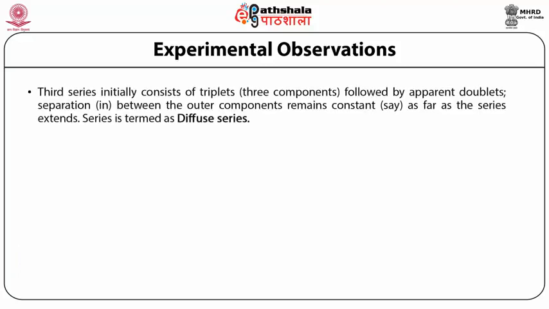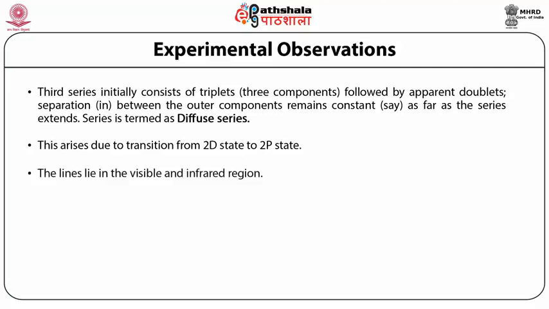The third series initially consists of triplets, meaning three components, followed by apparent doublets. The separation, again in cm⁻¹, between the outer components remains constant as far as the series extends. This series is termed the diffuse series. It arises due to transition from nD states to the lowest 2p state.